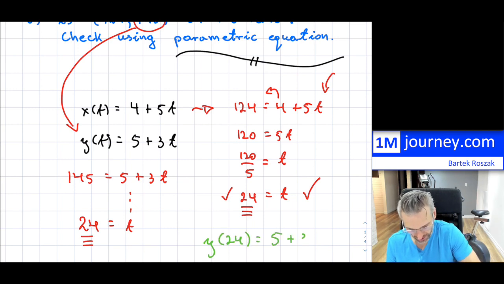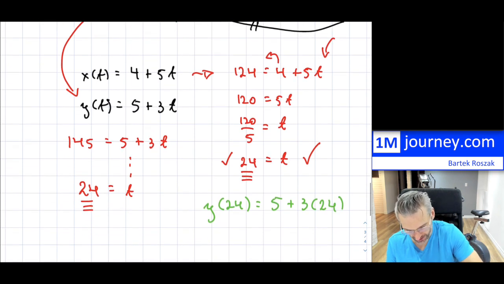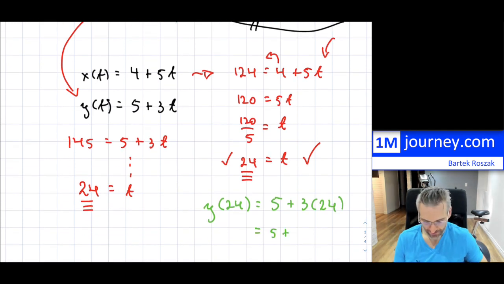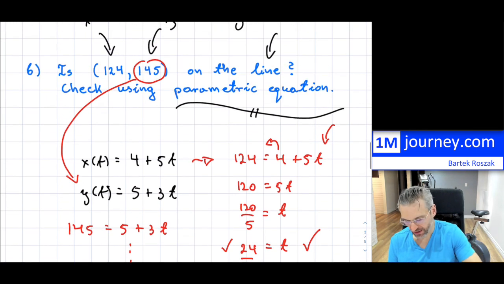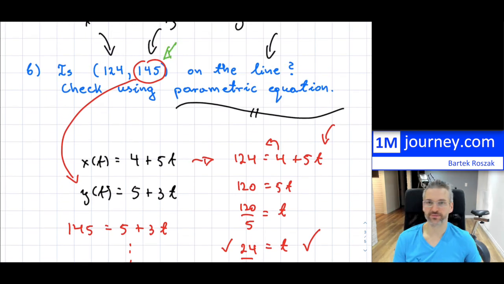I'm going to get 5 plus 3 times 24, what is that, 72, I guess. And that's going to be 77. And 77 with this parameter clearly doesn't give me 145. And so what that would mean is this is not on the line.